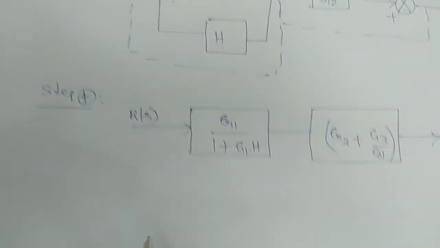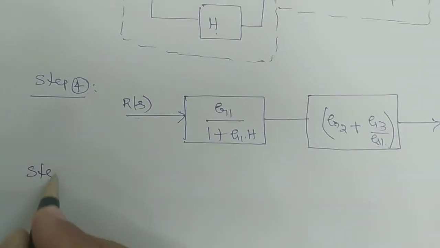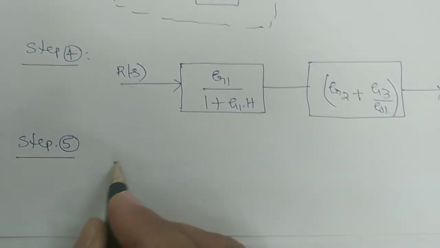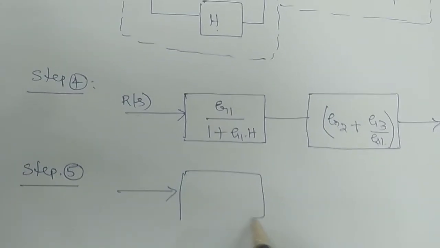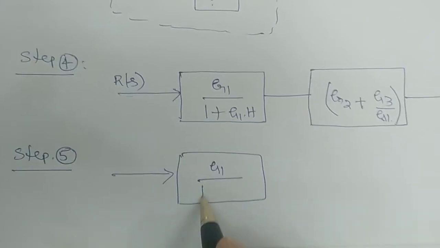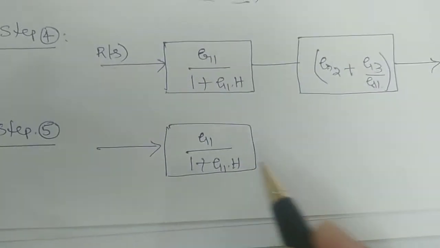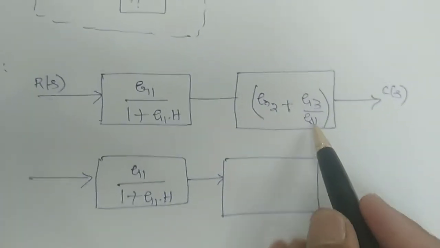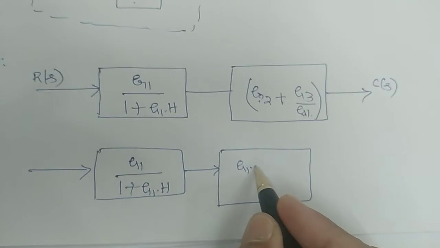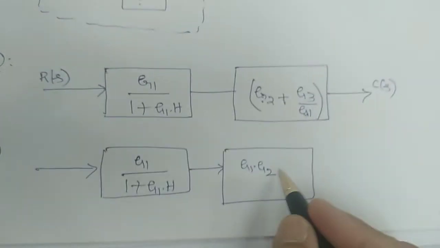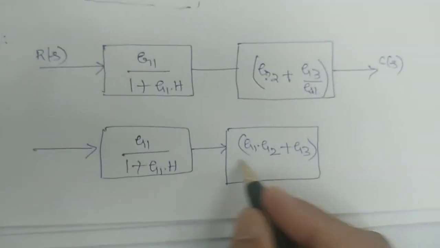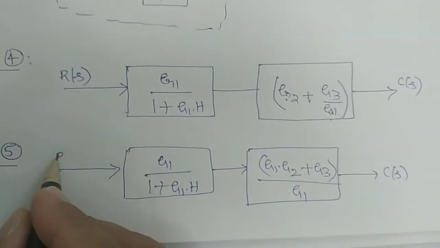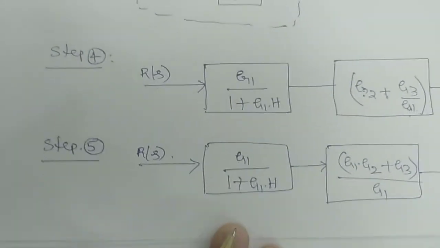So in the next step, step number 5, it is G1 by 1 plus G1 into H. Here you take LCM, G1 G2 plus G3 by G1. That's all. This is C of S. This is your R of S. This is what in step number 5.